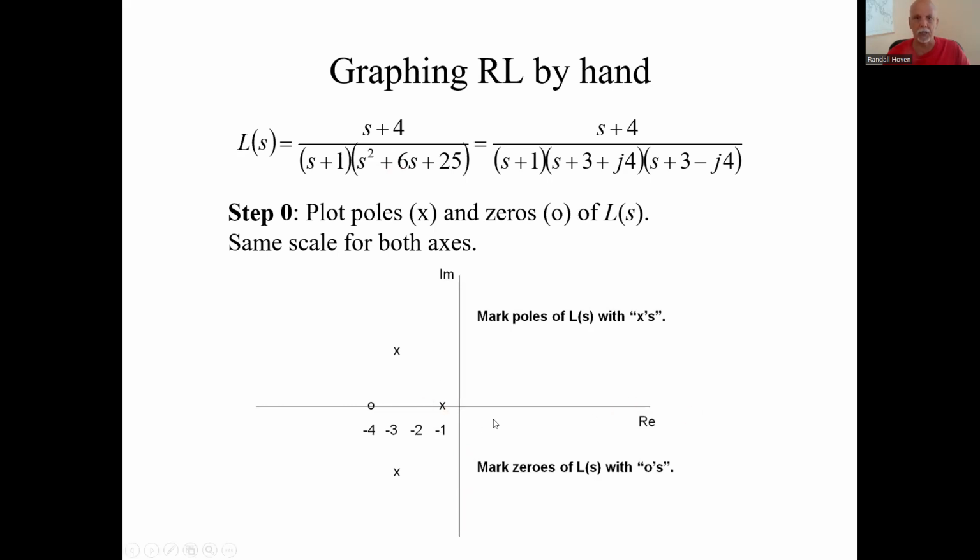Same scale for real as you do for the imaginary axis. So here they are. Pole at minus 1, and then the complex conjugate pair at minus 3 plus or minus j4, zero at minus 4. That's step 1.